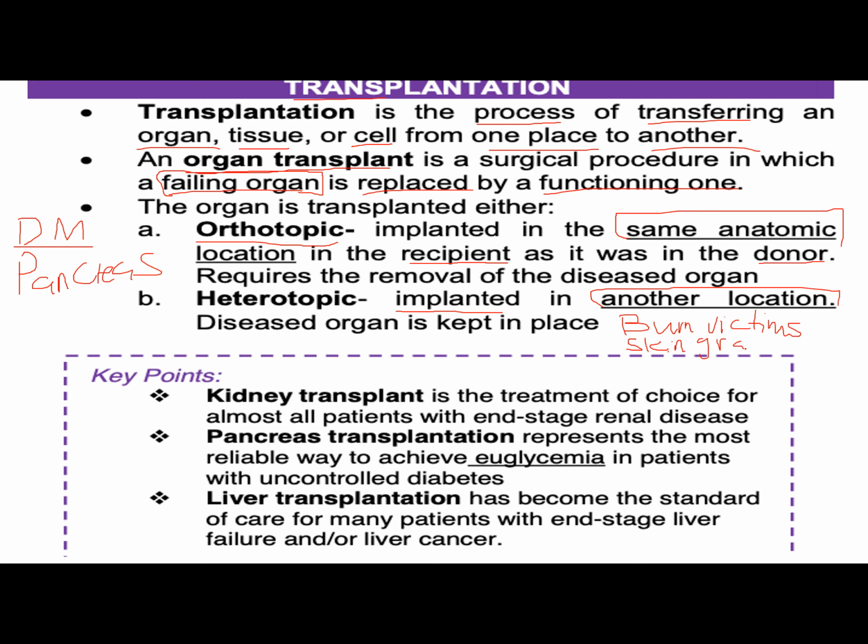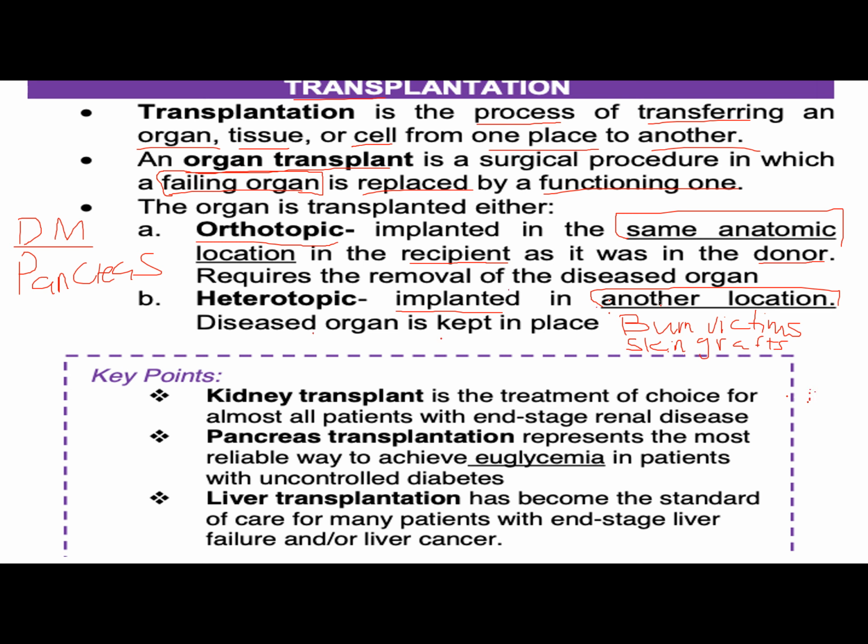You get a graft of skin. Let's say you take skin from your legs or your thigh, and you place it on the burned part. So that's your heterotopic. An example of that is your skin graft. You're going to implant it in another location.